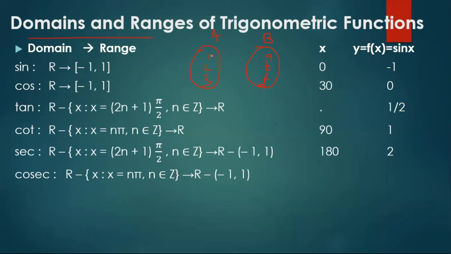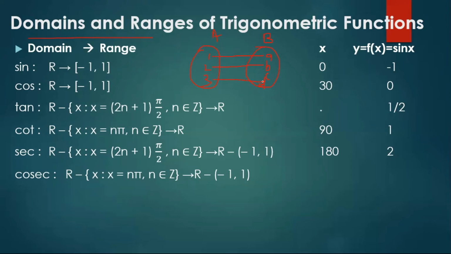I'm just making some relations. 1 to A, 2 to B, and 3 to D. Now, domain and range, this we have learned in our earlier chapter, that is relations and functions, and last year, even in class 11 it was there.